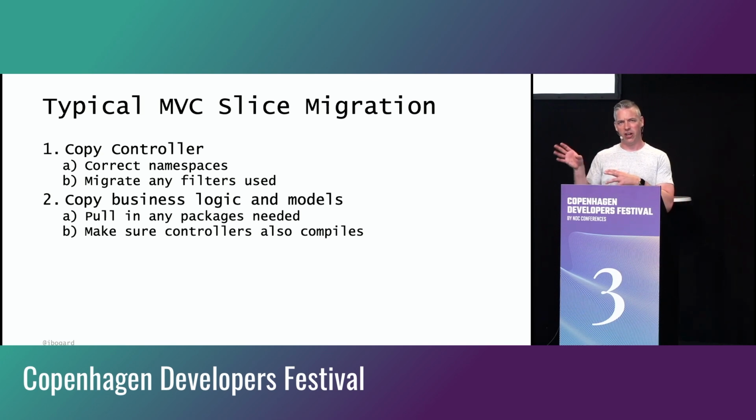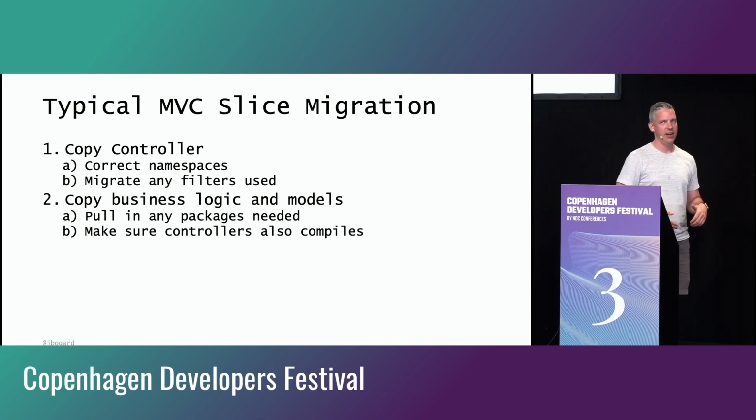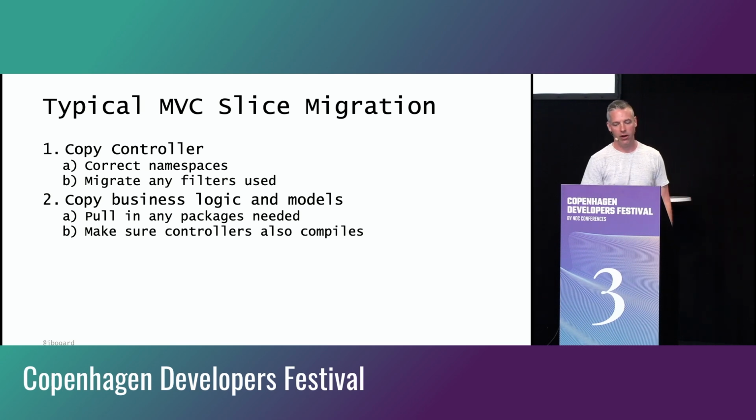Now, we went with the shared library approach, so that everything was just already where we needed it to be. But we also needed to make sure that if my controllers were using additional packages that haven't been pulled in yet, I would pull those in as well. And we did this in a very incremental approach. I tried not to pull in all the packages all at once. As I brought a controller over and it needed new library X, that's when I would go ahead and pull that library over.